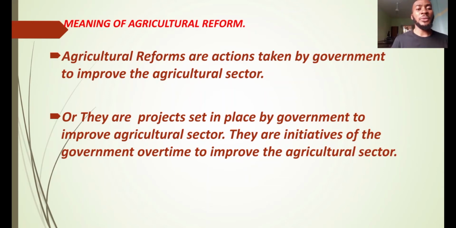So government could say, okay, let's provide more financial aid for fish farming. That's agricultural reform. Government may say, okay, let's give fertilizer to farmers for the growing of crops. That is agricultural reform program. So those things government put in place to improve the agricultural sector we refer to as agricultural reform.